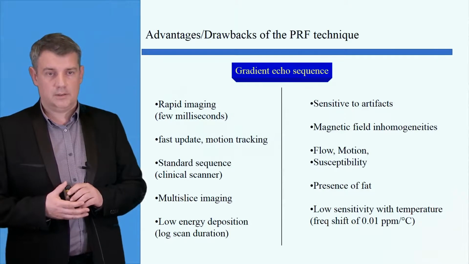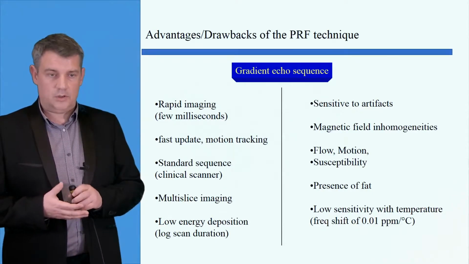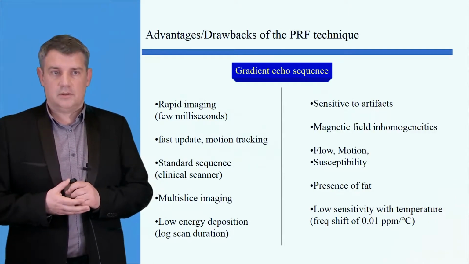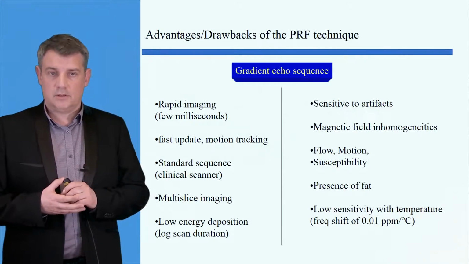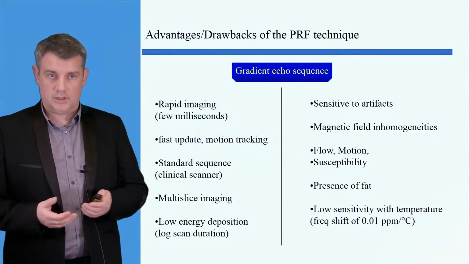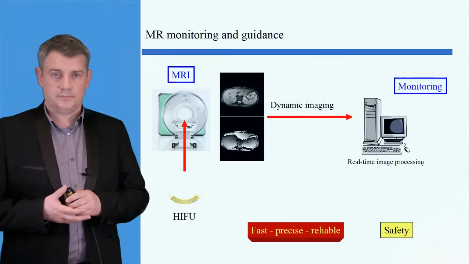But using standard sequences, you can still measure temperature change using this method. I want to focus on an important point: with the PRF technique, you're not measuring the absolute temperature, but you're only measuring the temperature change in time. So it's only a relative measurement of the temperature.